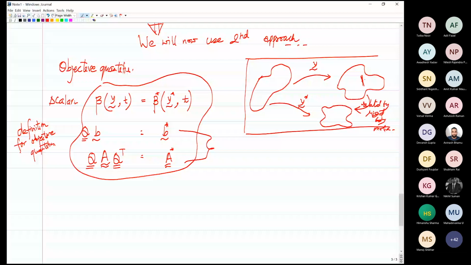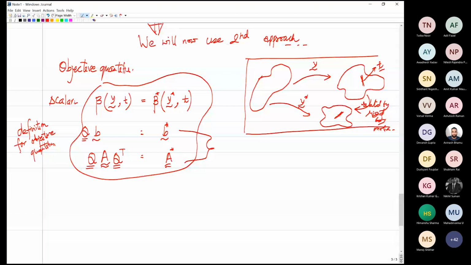Once this rigid motion happens, then at the corresponding point and the corresponding plane, traction will be t star here, isn't it?